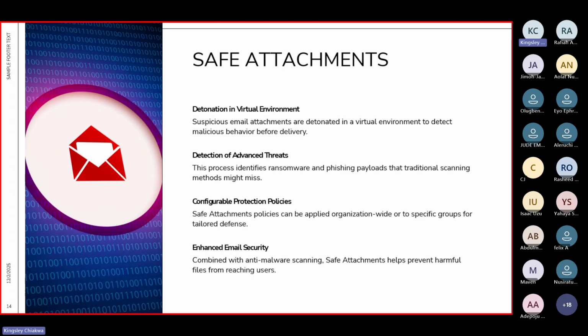If an email contains malware, spyware, or anything that could actually harm a computer, safe attachment removes it. There are types of file extensions which most malware comes with, like .exe and others.